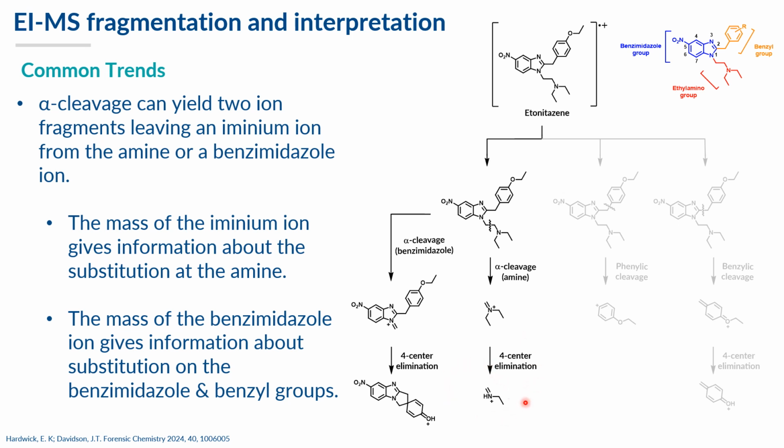Now, these iminium ions are incredibly stable, which is why they're so abundant. Alpha cleavage can also leave this benzimidazole portion charged. And these fragments have lower abundance, but if they are present, they can provide vital clues for the substitution on the benzimidazole and the phenyl ring.